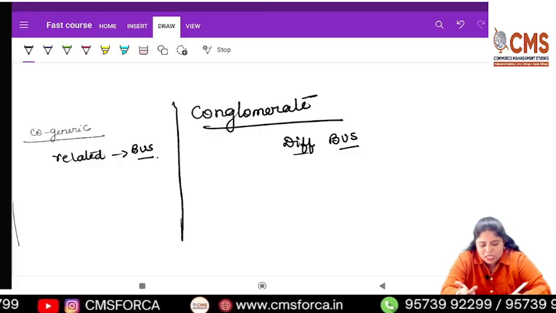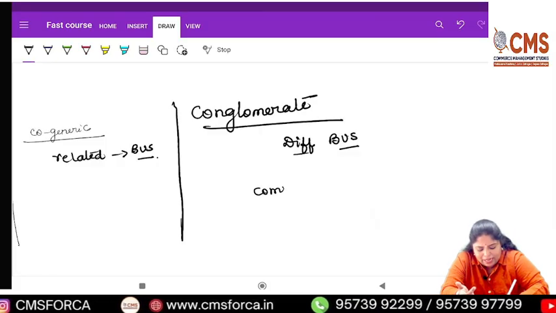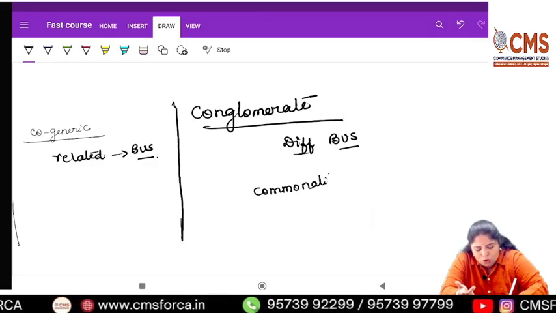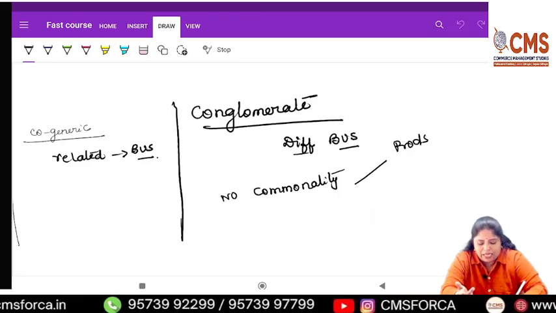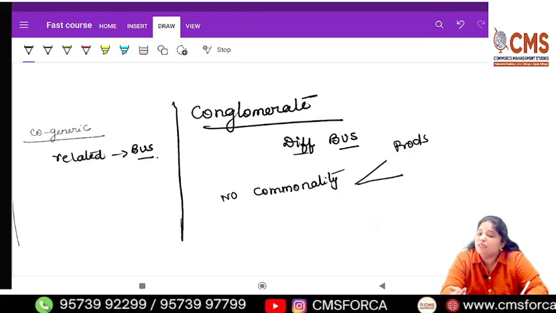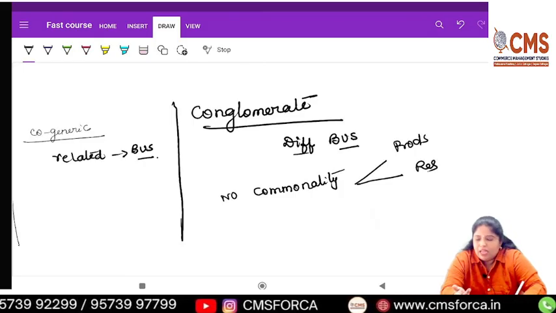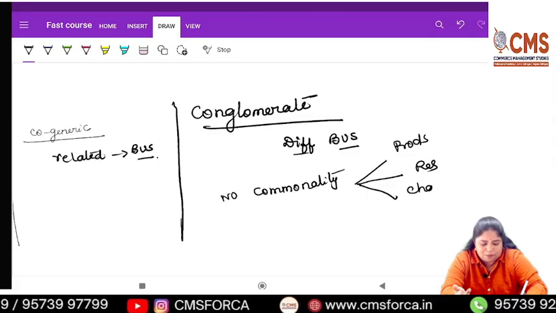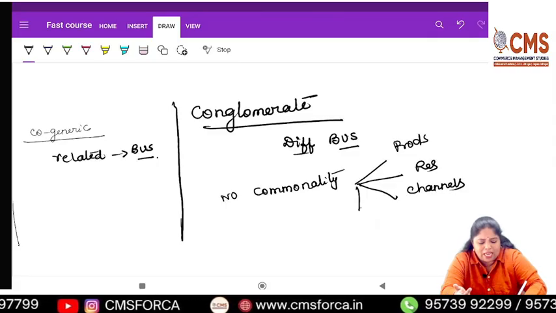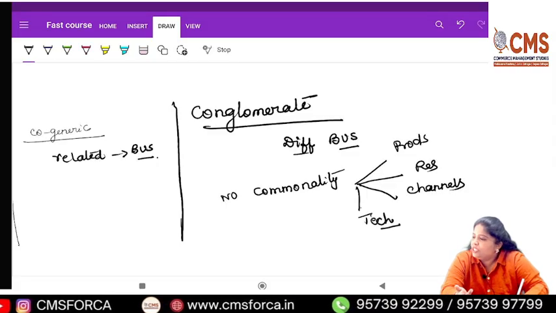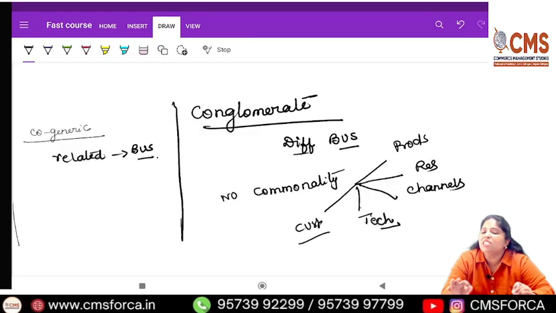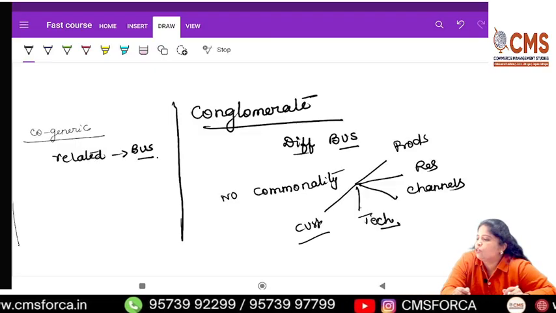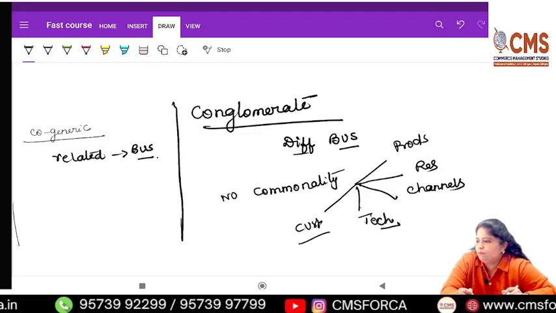There is no commonality in terms of products, resources, or channels. You don't find commonality in terms of technology or customers. That is what is called a conglomerate merger.